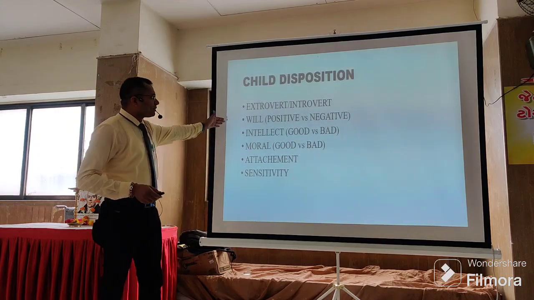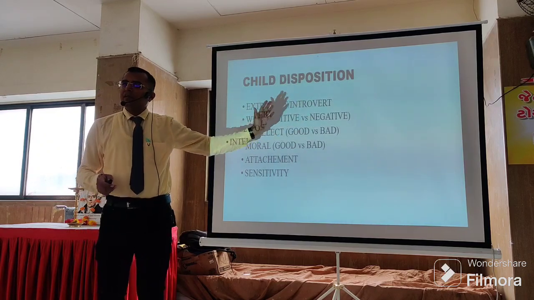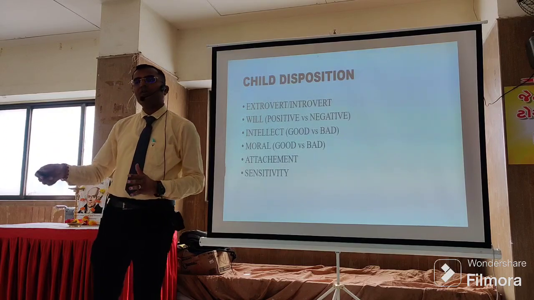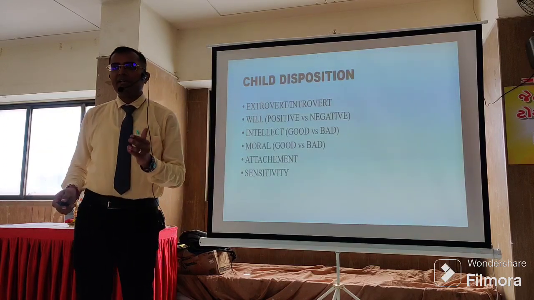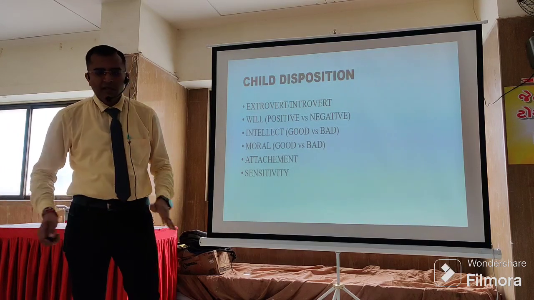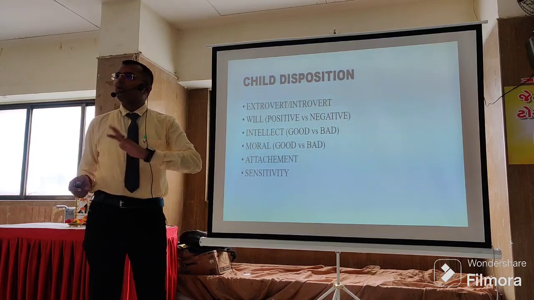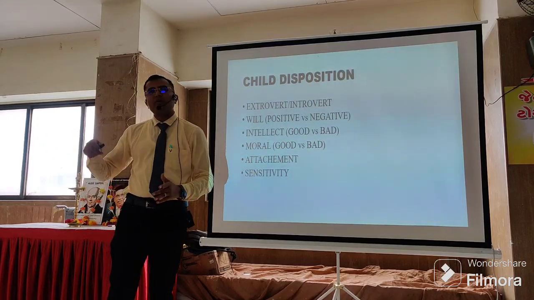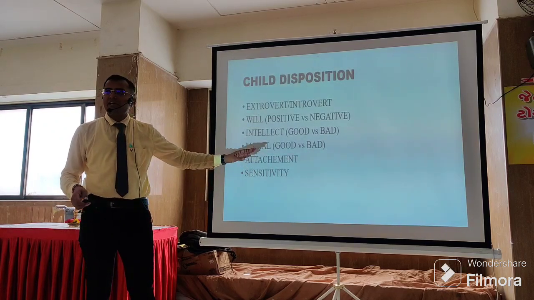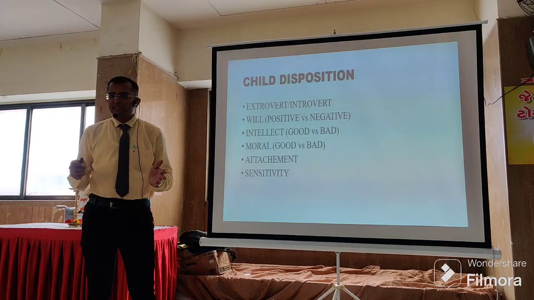So extrovert, introvert, a positive will or a negative will. Intellect, is it a good intellect or a bad one? Most of the time the child goes into bad intellect, but you have to understand why this intellect has been compromised. Okay. Then the moral, good or bad. Good moral goes into autoimmune process, bad moral goes into necrotic process. The attachment: most children have a certain attachment to certain people, a person, place or anything.